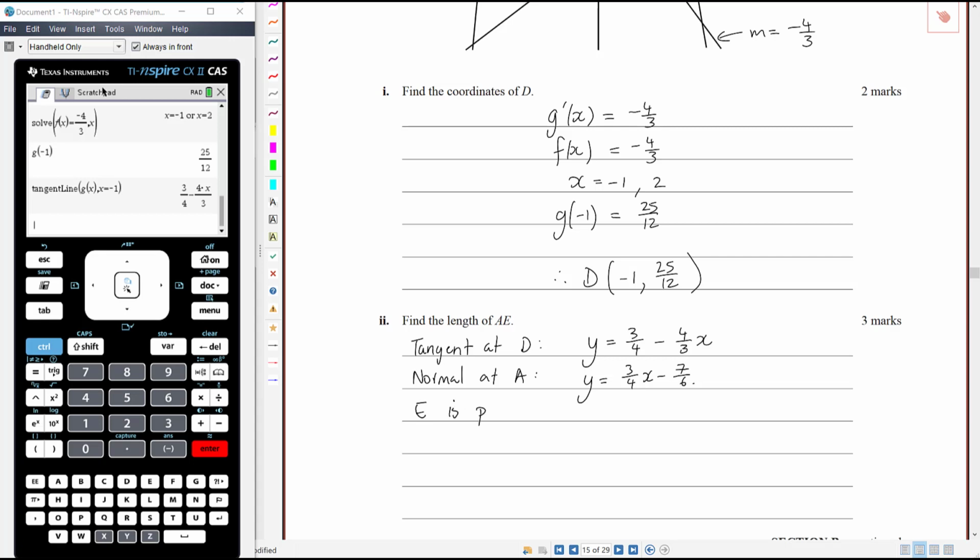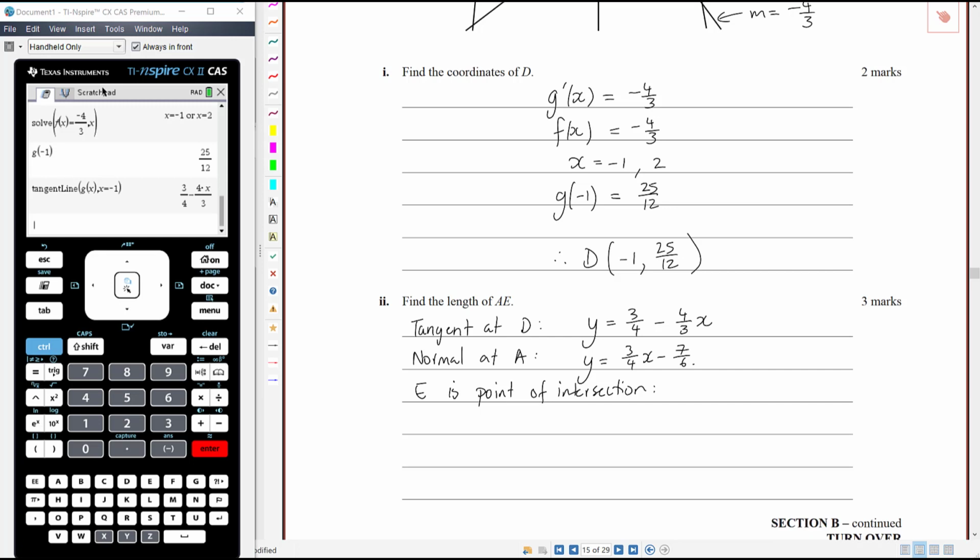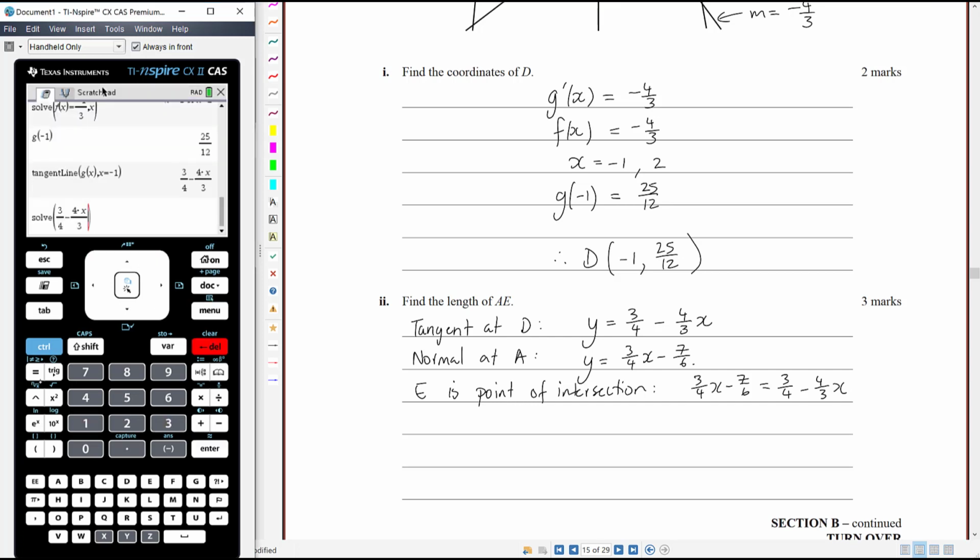E is the point of intersection. And so we want to solve 3/4 x minus 7/6 equals 3/4 minus 4/3 x. So we're going to be solving that, that equal to that.